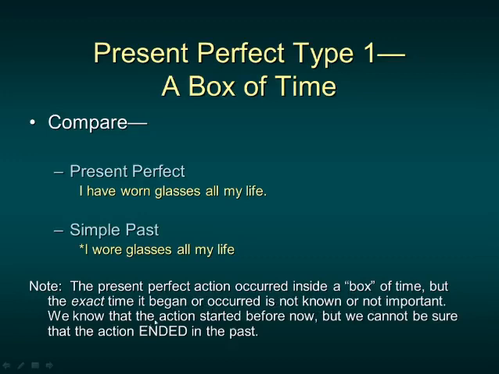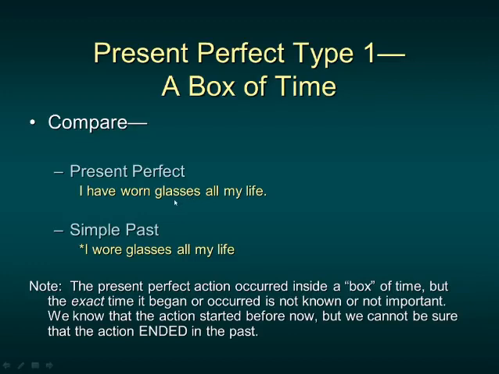We know that the action started before now, but we cannot be sure that the action ended in the past. So here you see, we cannot define what time he used these glasses. At what time he used these glasses is not mentioned here. However, we know that the person has been using them for many years.